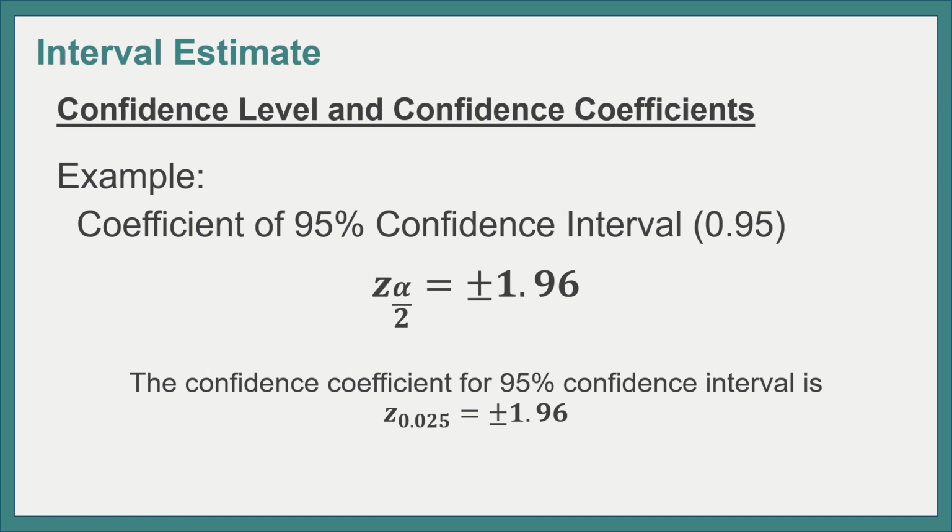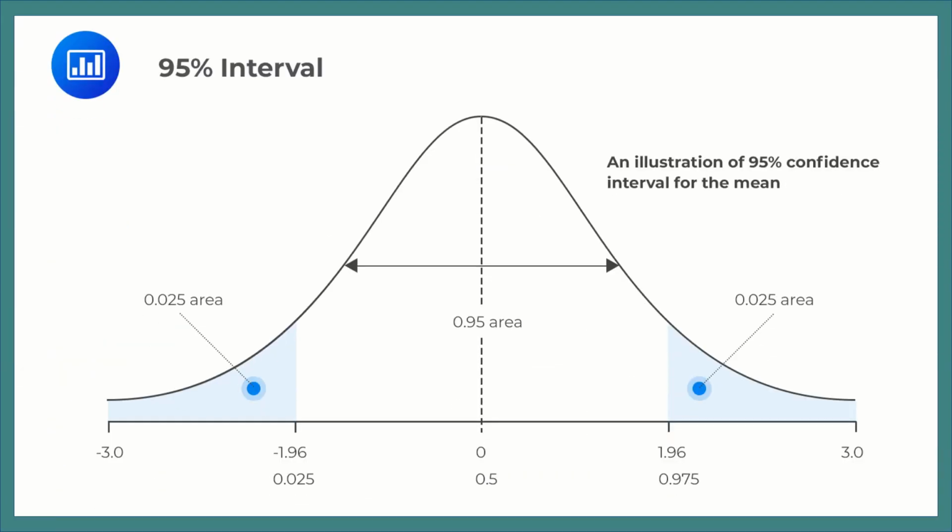So if we are going to write this in our normal distribution curve, this is how it will look like. For 95% confidence interval, this is the 0.025 area below the mean. This is our 0.025 area above the mean. So for this area, our critical value is this line. So the 1.96 and negative 1.96, that is our critical value.